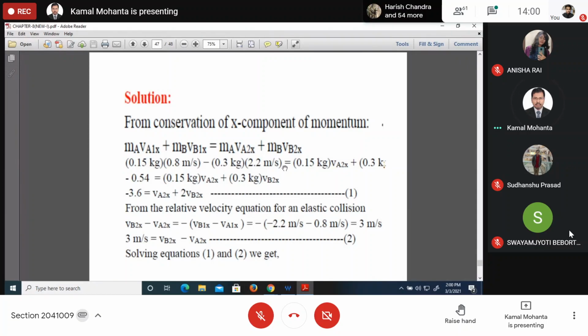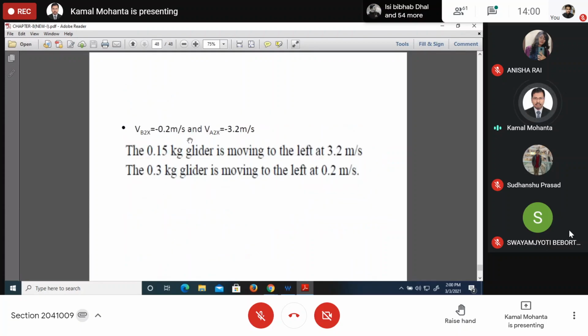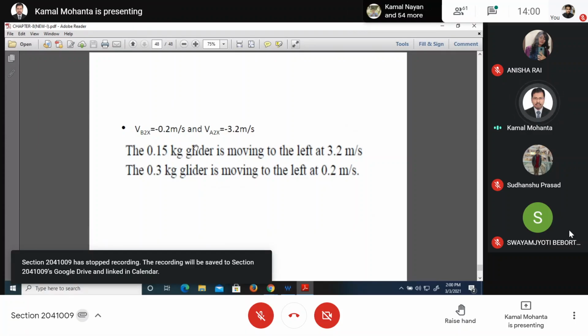Angular velocity at t equal to 0 is given, which is your omega 0 z. Omega 0 z is given as 47.5. The angular acceleration is given as minus 10. So written that VBx is minus 0.2 meter per second, VAx is minus 3.2 meter per second.